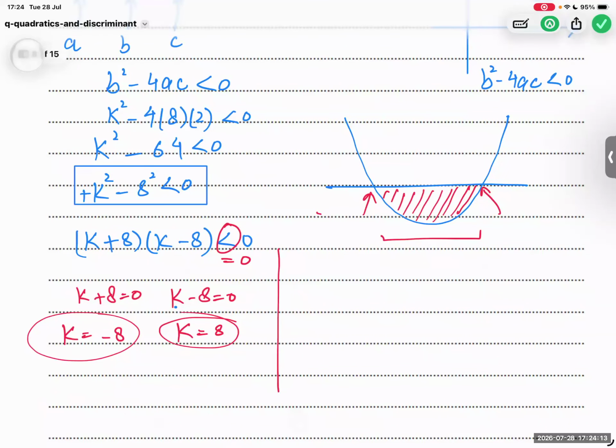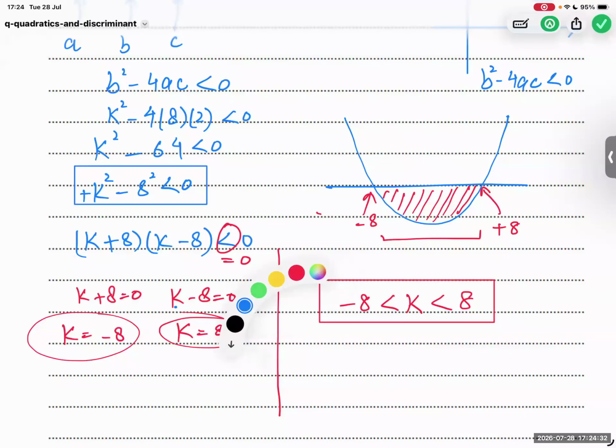So that is going to be minus 8 and that is going to be plus 8. Now, these are the set of values of k for which this curve is lying below the x-axis. That is the answer. So this is the answer when we have no real roots.